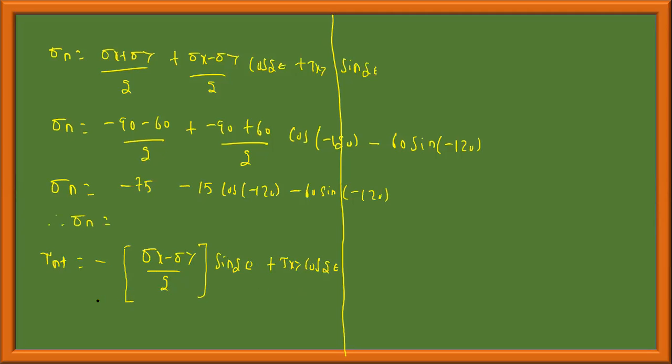All these formulas should be listed on the paper; recall, it is just mere substitution. That is minus of sigma x minus 90, sigma y plus 60 by 2, sin minus 120, tau xy minus 60 cos minus 120. Tell me what is tau nt.